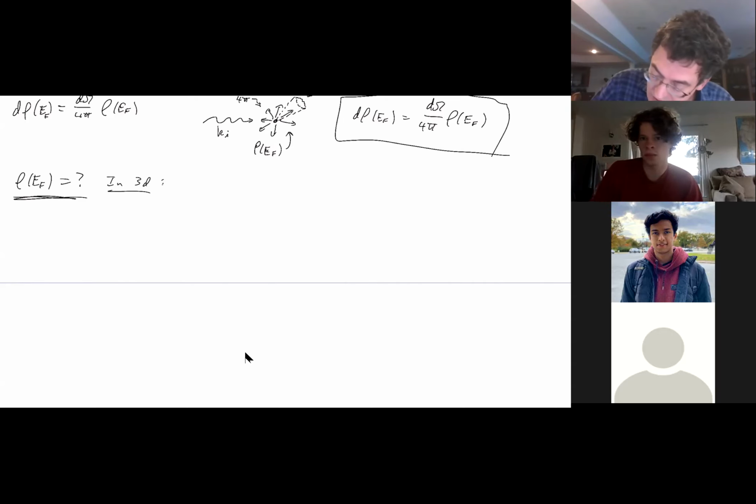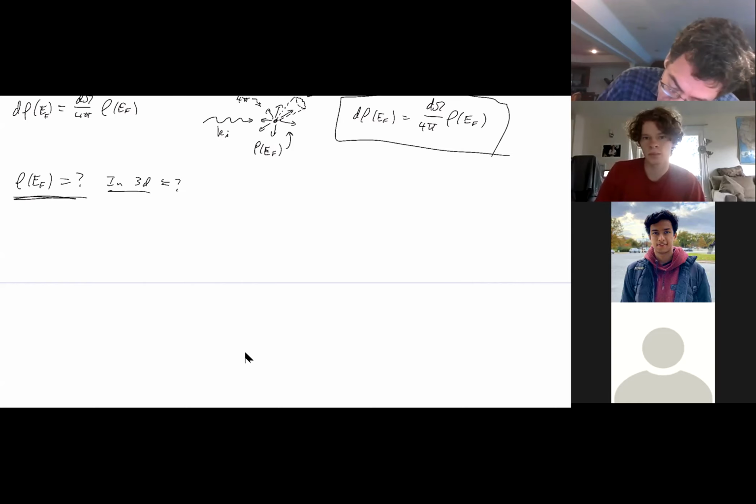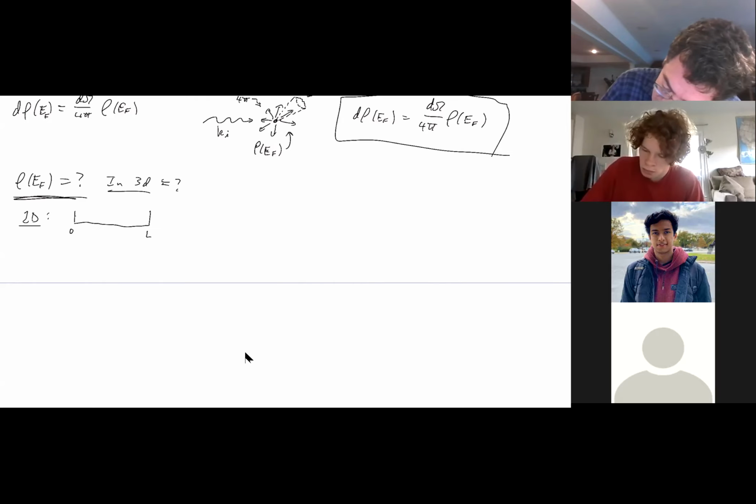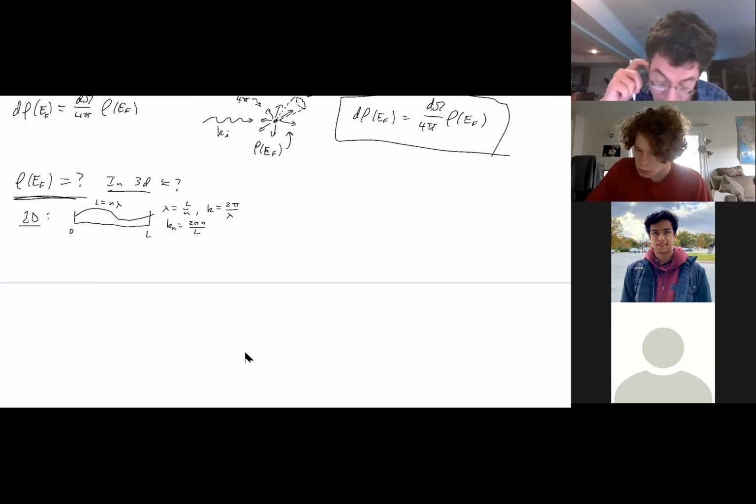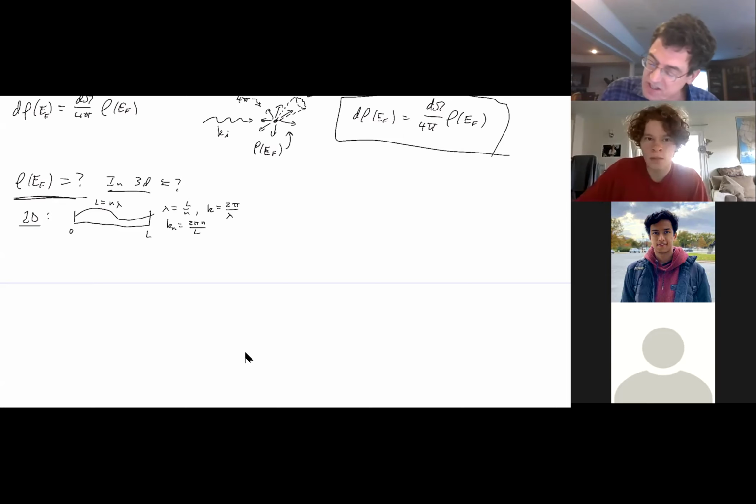And so let's remember in 1D, we look at a box of length L, and we fit our states into that box, and we say that L is equal to n lambda, and so lambda is equal to L over n, and so k is equal to 2 pi over lambda, so k_n is equal to 2 pi n over L. And so we know that our states are quantized in momentum.